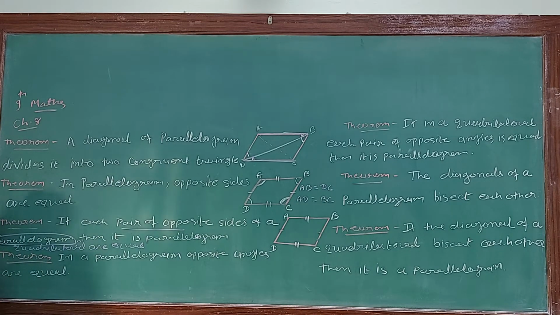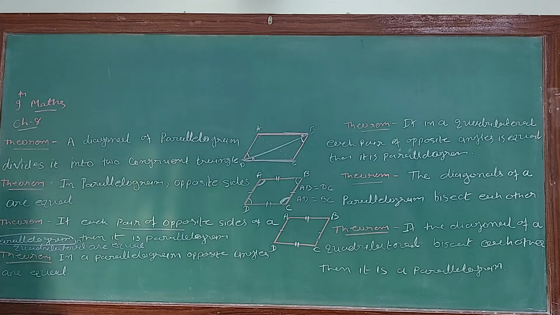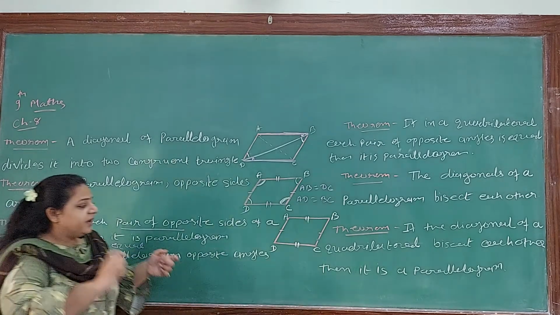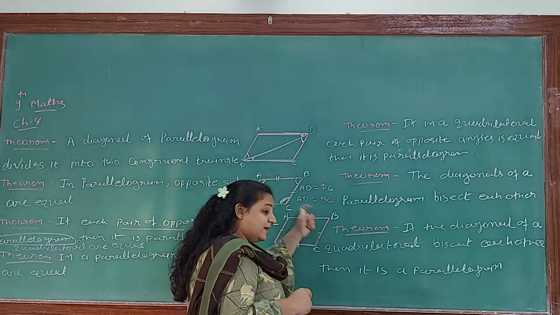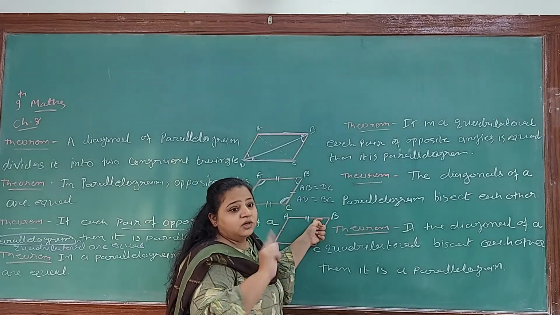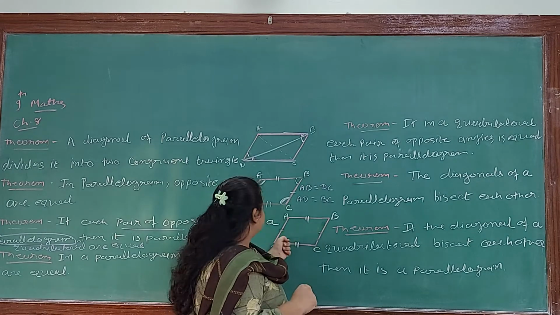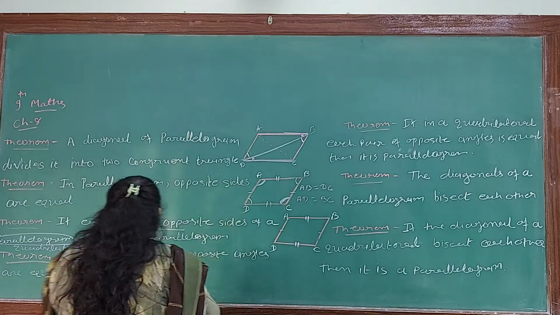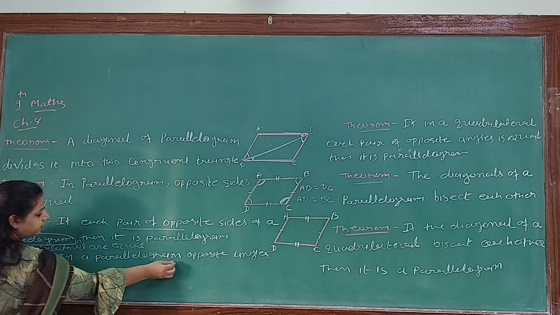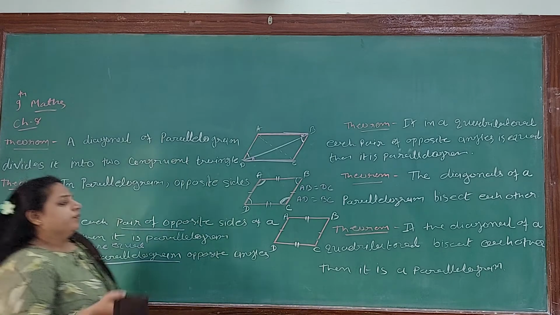Then next, in a parallelogram, opposite angles are equal. When opposite sides are equal, then opposite angles are equal, not 180. Equal. If here it is 45, another will be 45. Only in a parallelogram, not in a triangle or a quadrilateral, but in a parallelogram.